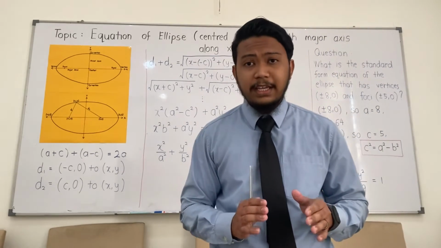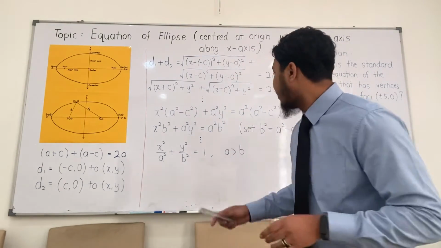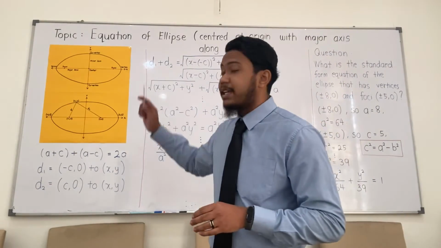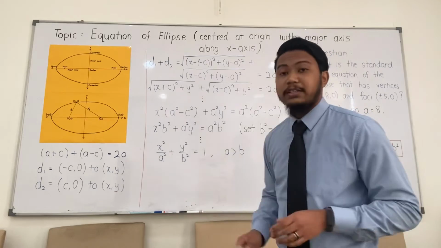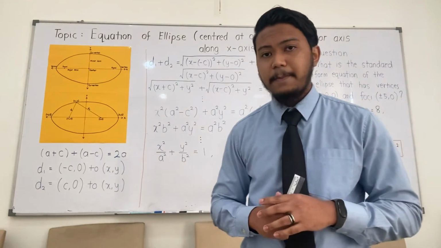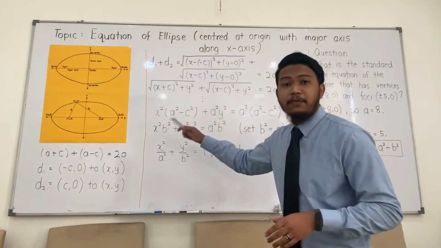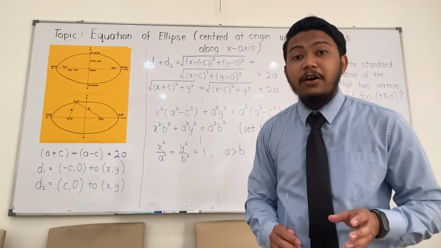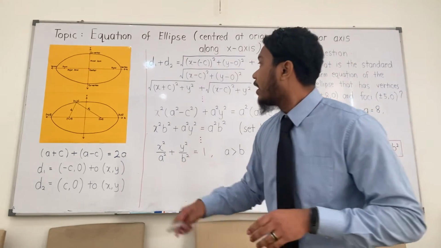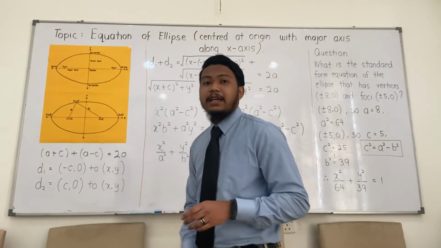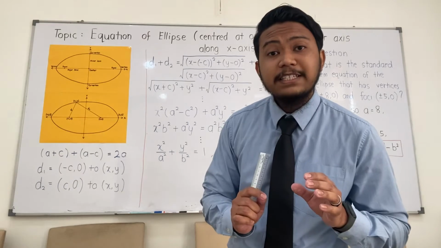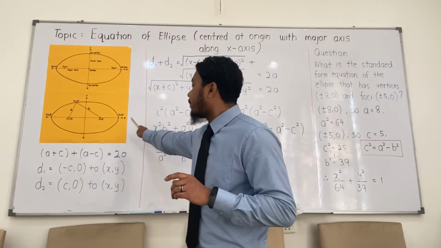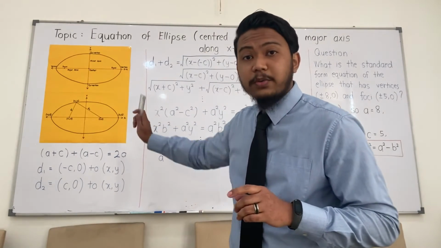We must know that a is greater than b because a lies on the major axis and b lies on the minor axis. From this standard form of equation, we know that the length of the major axis is 2a. The coordinates for vertices of ellipse are plus minus a, 0.